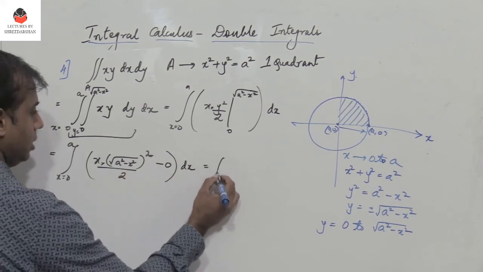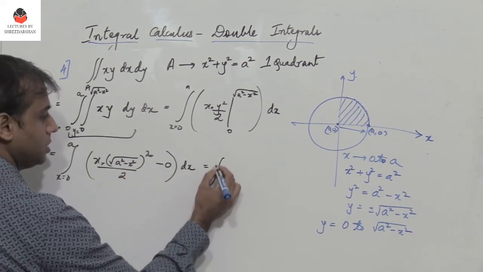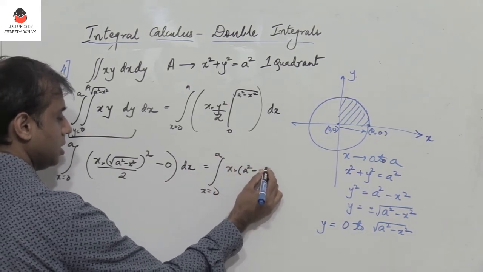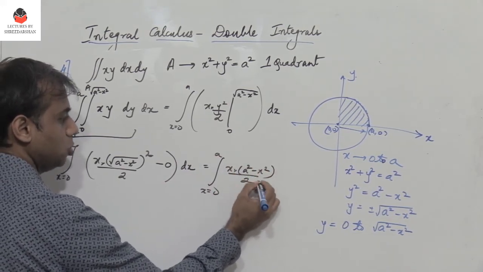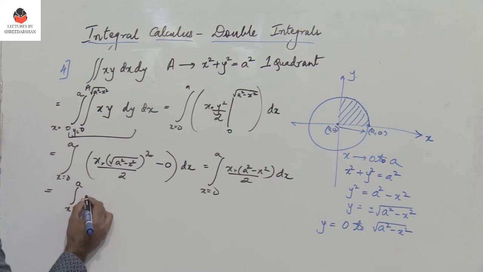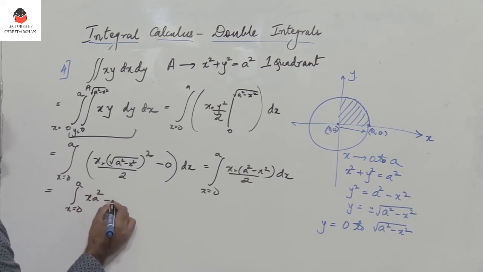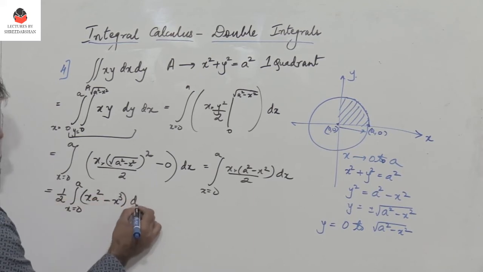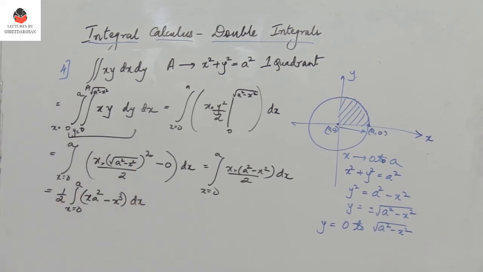So you get integral x varying from 0 to a, x into a square minus x square by 2 dx. So this is nothing but integral x varying from 0 to a, x a square minus x cube 1 by 2 dx.